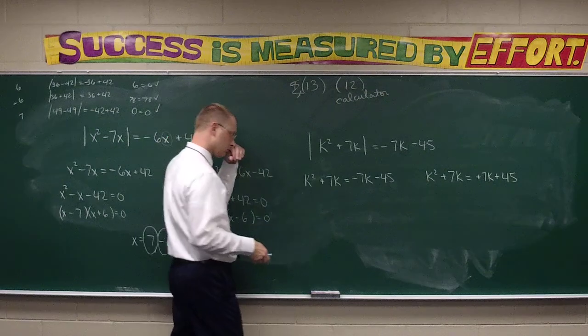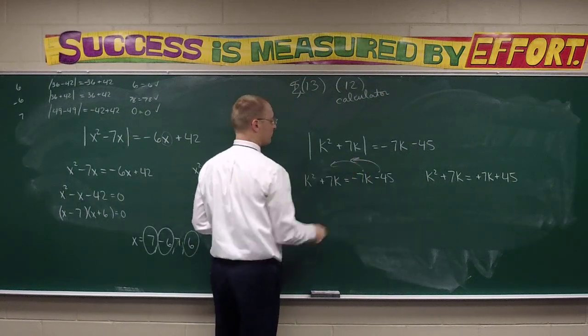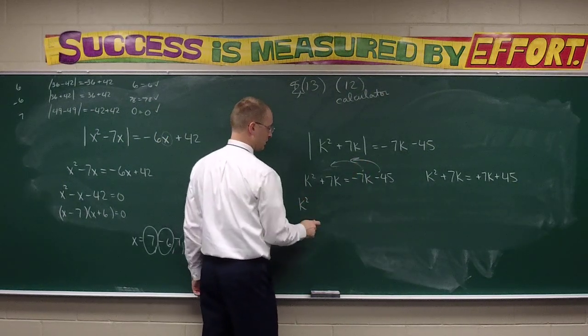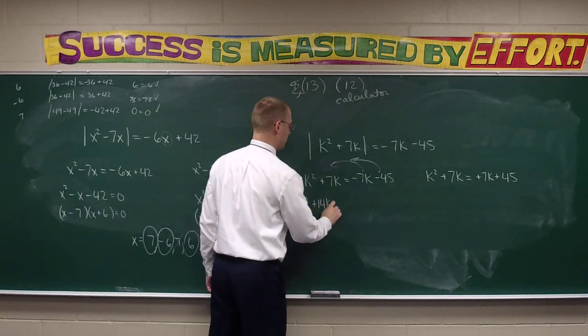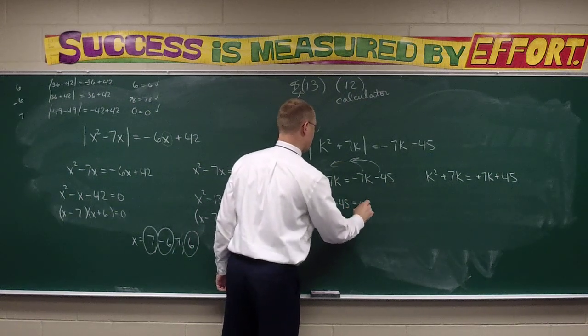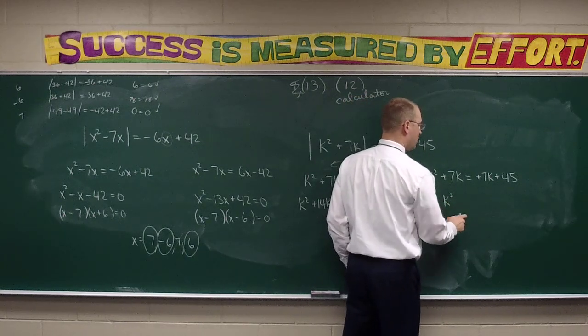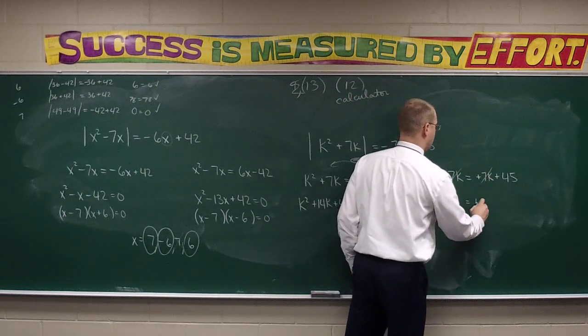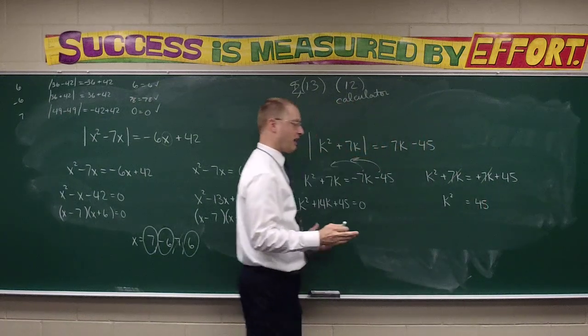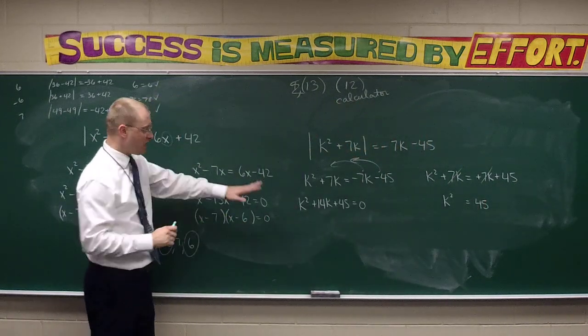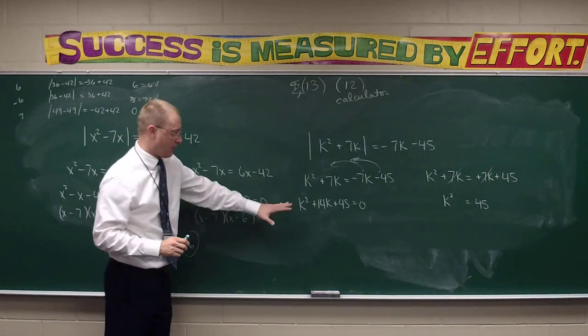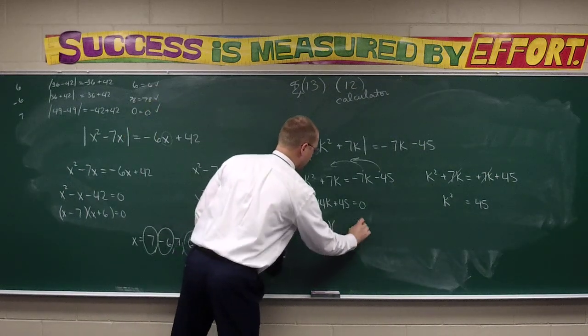You have to move it all to one side to get k squared plus 14k plus 45 equals 0. K squared minus 45 equals 0. Good. Or we could just say k squared equals 45, couldn't we? Yeah. At this point, we have the complete quadratic. It's set equal to 0. We want to factor it up, Genesis.